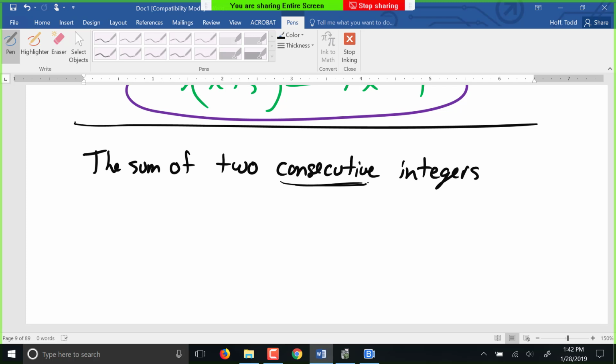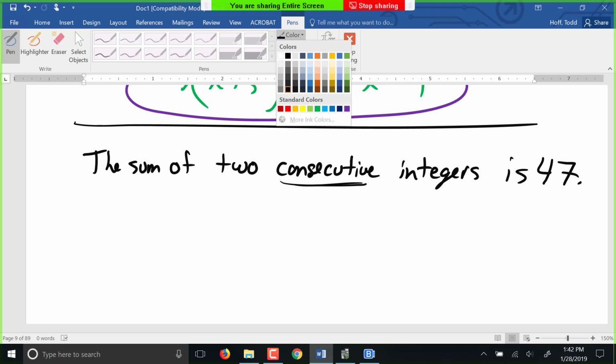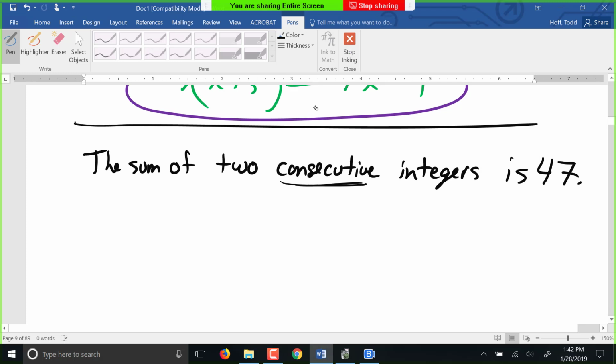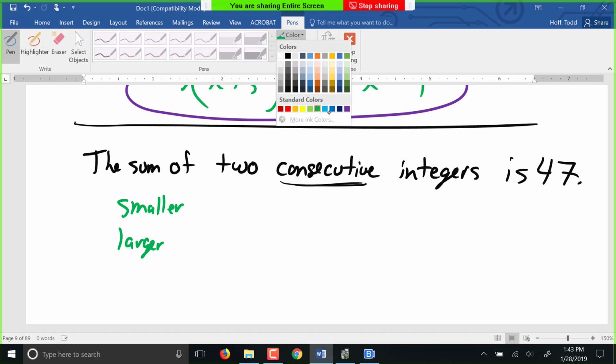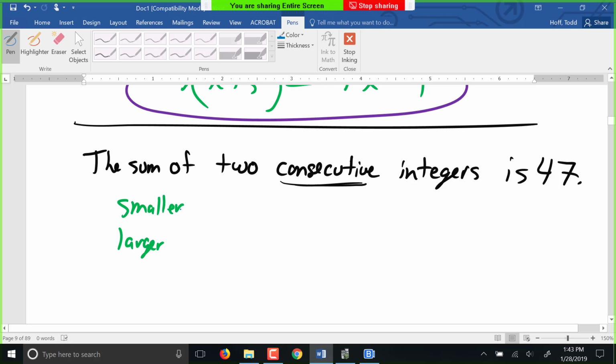Those are consecutive integers. The sum of 2 consecutive integers is 47. Find those integers. Well, here there are 2 of them. There's a smaller one and a larger one. It doesn't really matter which one is which.